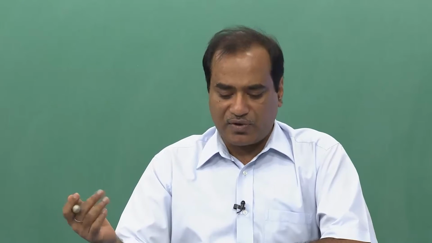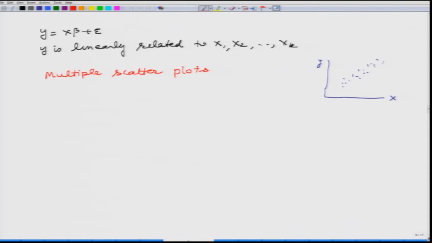pairwise. So, for example, if I have a model something like y equal to x1 beta 1 plus x2 beta 2 plus epsilon, where I have got only two independent variables, in this case the multiple scatter plot will look like this.